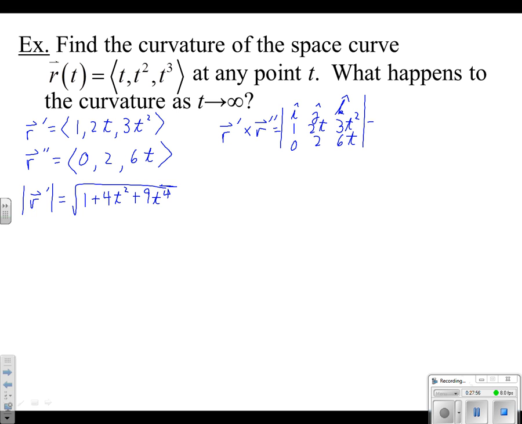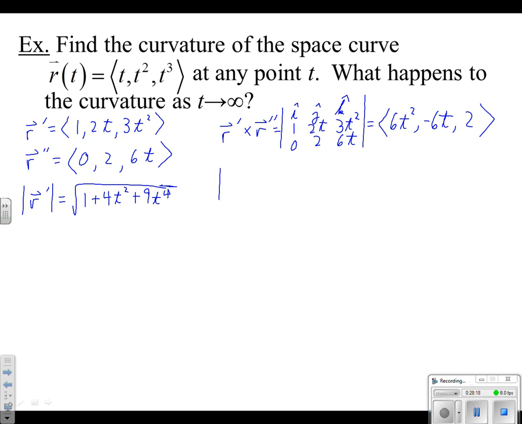It would be 12t squared minus 6t squared, so 6t squared, negative 6t, and 2. I went through that fairly quickly, but you can take time and work through it.